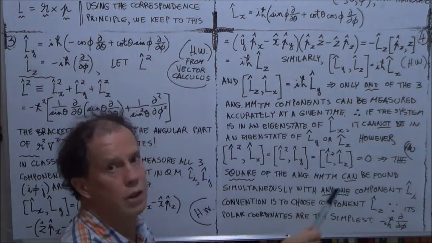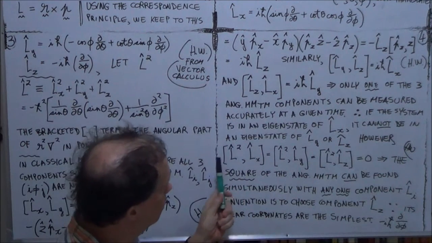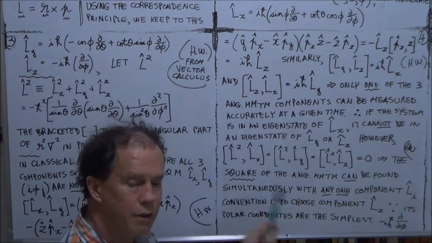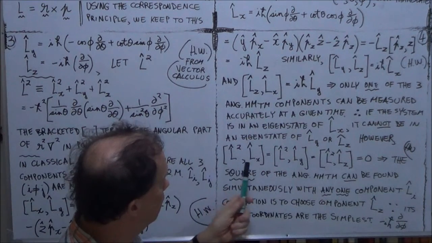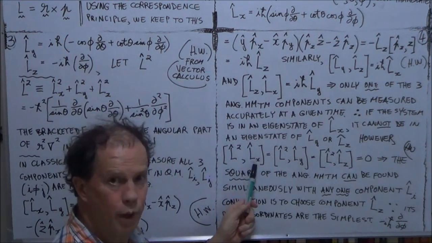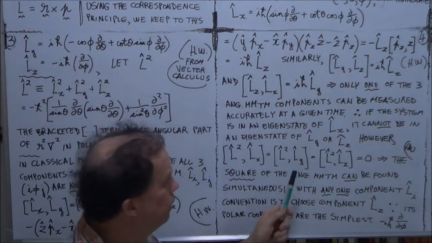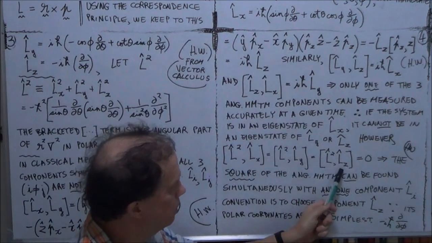But you can't have all three, or even two of them. It's just one. So you need to choose the eigenfunctions of L squared. You're going to have them to be common with the x component, Lx hat, or exclusively Ly hat or Lz hat.